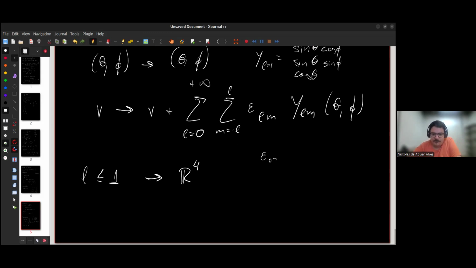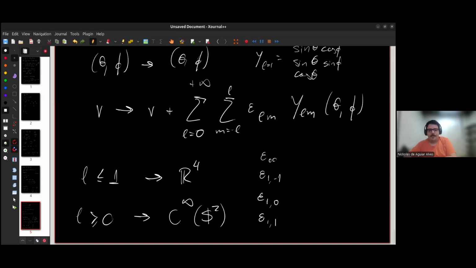I'm going to have epsilon 0,0, epsilon 1,-1, epsilon 1,0, and epsilon 1,1. While for arbitrary L larger than or equal to 0, this is going to give me a much larger structure. I'm going to have actually any function on the sphere. And I have a much larger choice of coefficients, epsilon_lm.